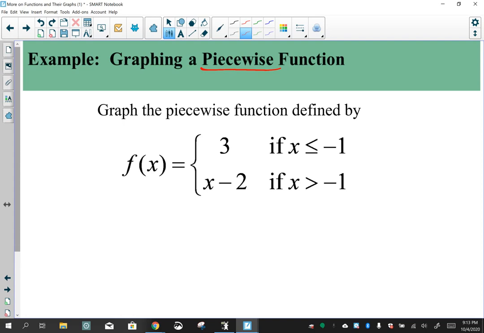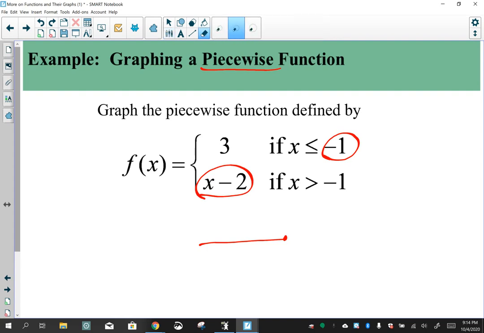So with this piecewise function that they've given us, we know we have a constant line at 3 as long as my x is less than or equal to -1. So I've got something that's going to happen like this, and then when I get to -1, we jump down to here. And from here, everything that's bigger than -1, I'm going to use this one here.